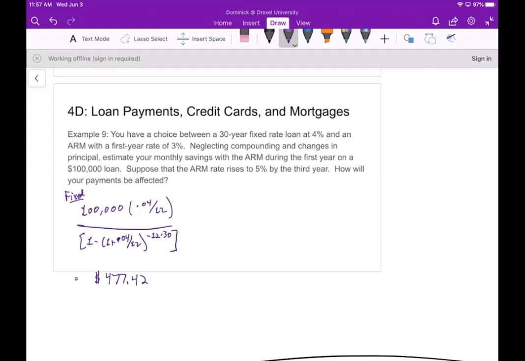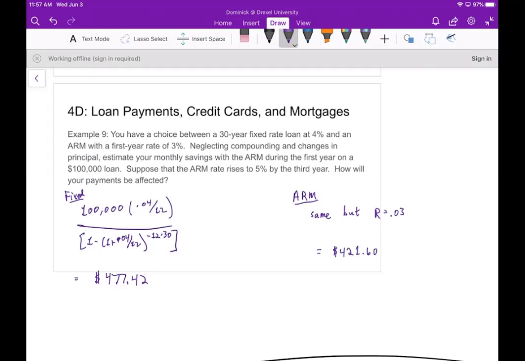Now for the adjustable rate mortgage, you're doing the same thing, except instead of 4%, it's 3%. Okay, so if I go back and edit my previous one and change my 0.04s to 0.03s, we're going to find that our monthly payment is now $421.60, right?